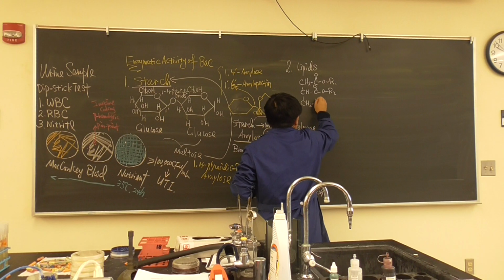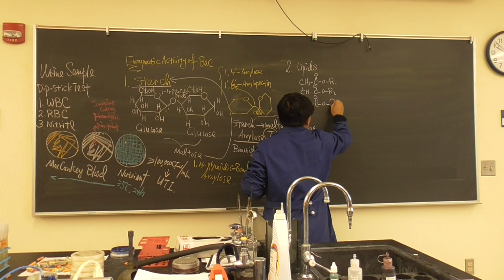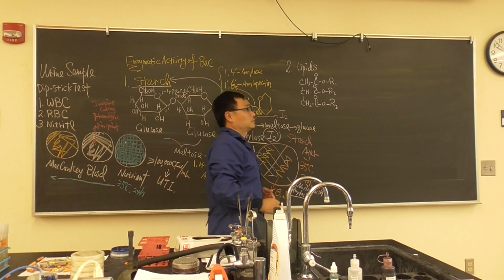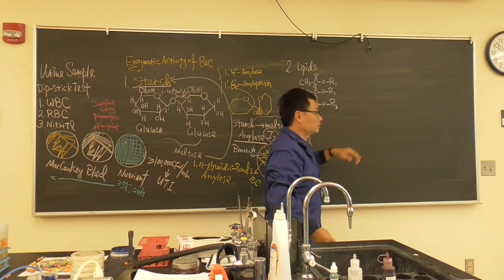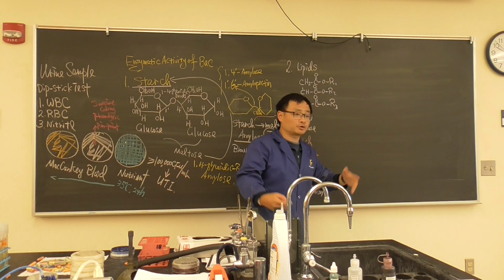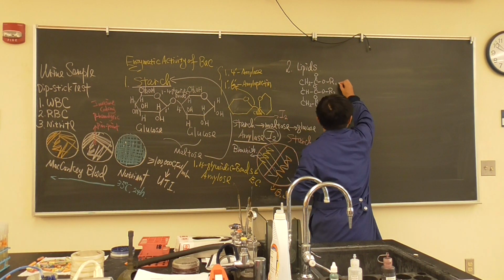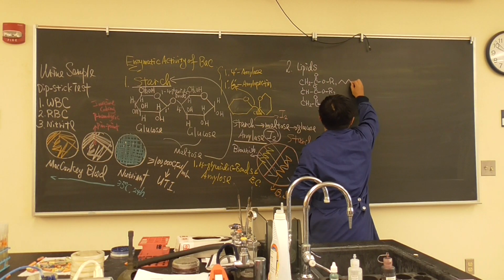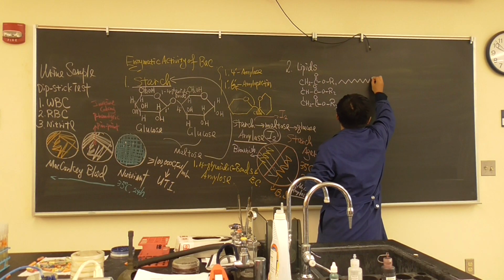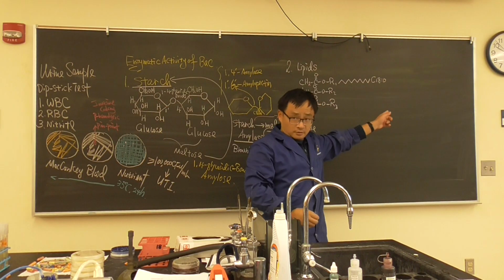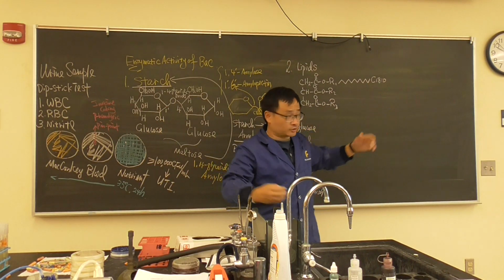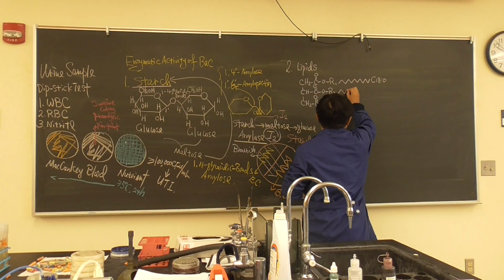CH2, CH3. That could be long and long. You learned that. Okay, that could be saturated. That could be like this guy. Saturated is C18. What is that? Stearic acid.